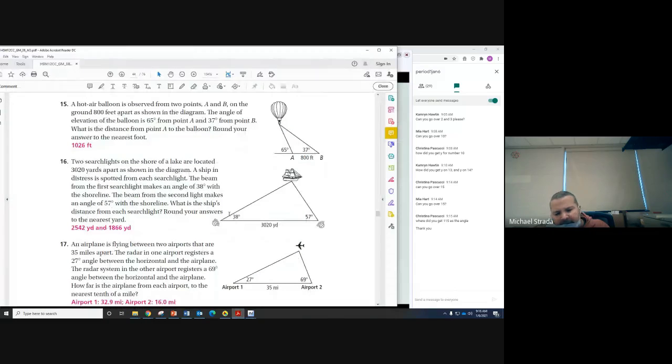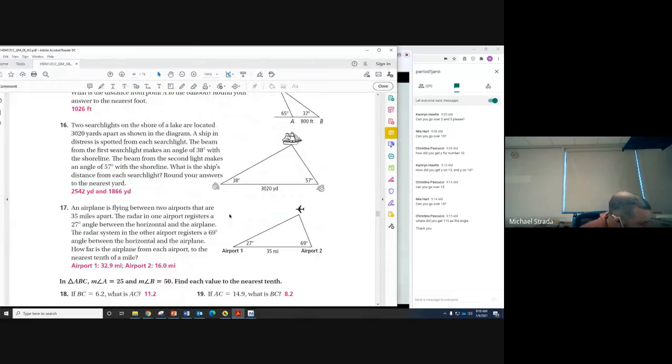Good questions thus far. Anybody have an issue with either 16 or 17? Everybody's good with 16 and 17?